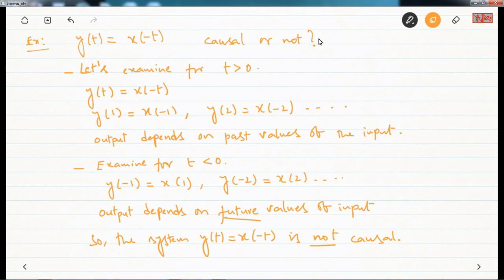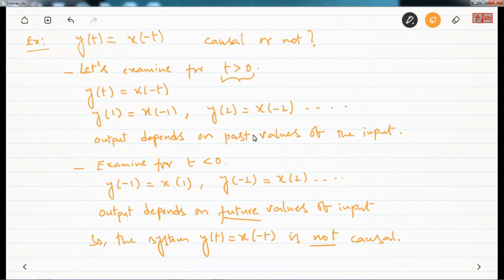So what can we learn from this example? You should not look at only some times. If you look at the system for t greater than 0, then it is a causal system, right? So you should not look only at time t greater than 0 and then declare that this is a causal system. You should also look at time t less than 0. That means you should ideally look at the entire timeline, from minus infinity to plus infinity.